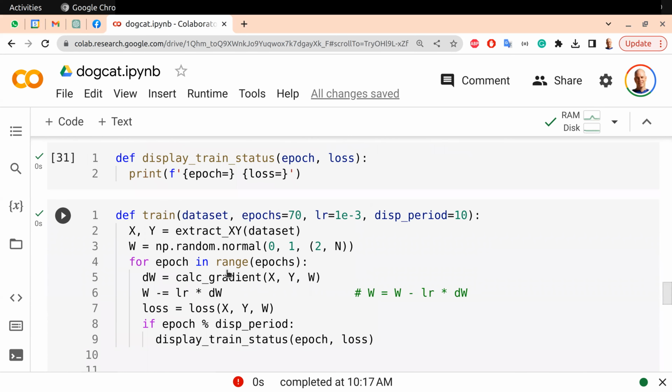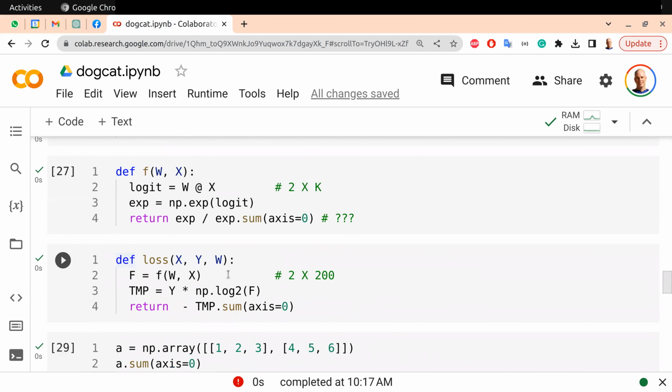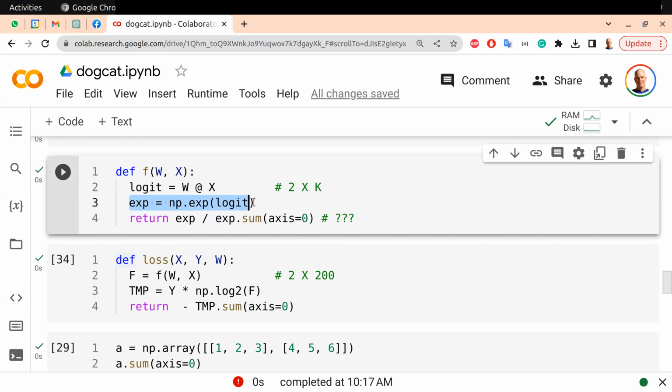Let's look where do we use exponent? We use it here. Why do we use it? Smoothing. How do you call it? Yeah, softmax, exactly. Softmax. We wanted a relaxed version of argmax.